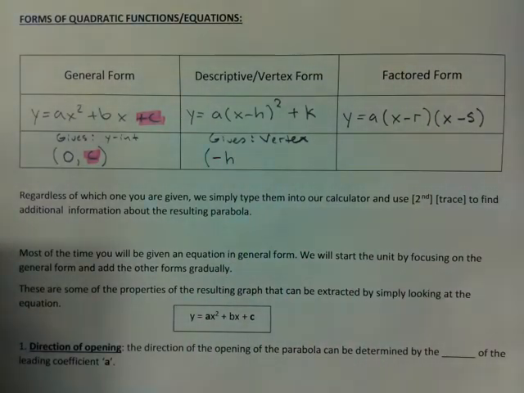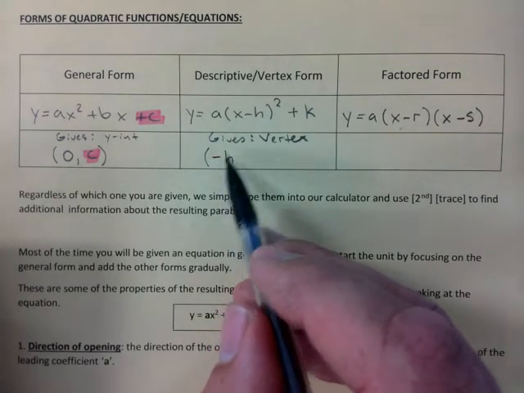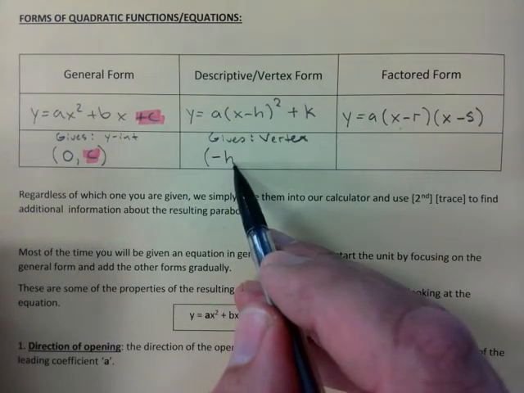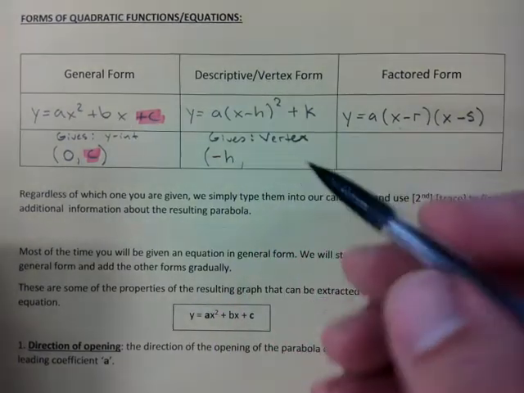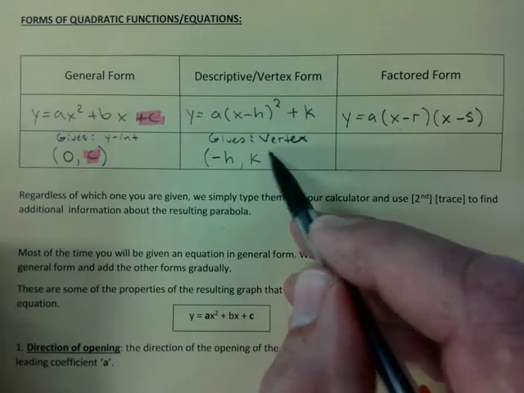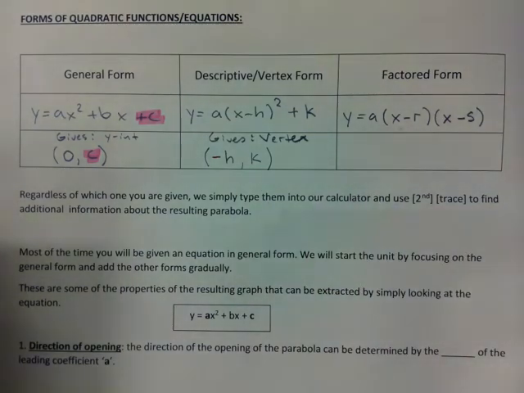In math, how we do that is we put a negative in front of it. So if this is positive 2 in there, you're going to have to put a negative 2 in the vertex. And k is here. Okay, k doesn't change signs. And you're probably wondering, Mr. Dirksen, what in the world is a vertex? To be continued. Okay, right now, just trust me.